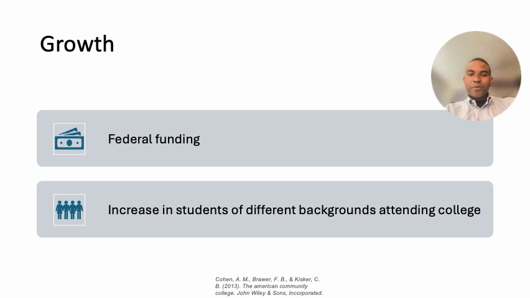Another driver of growth is federal funding. We'll talk more about some of those federal funding sources in, I believe, the next slide or two. But obviously, without the funding, it was difficult to grow these programs.